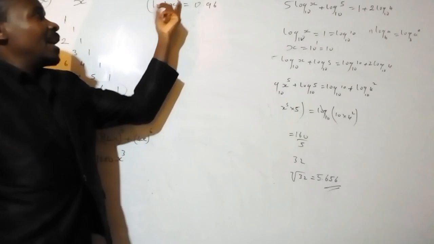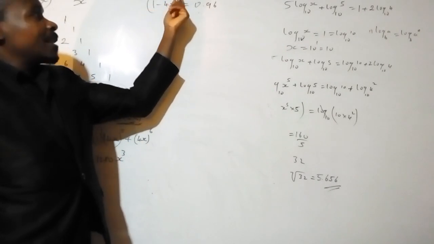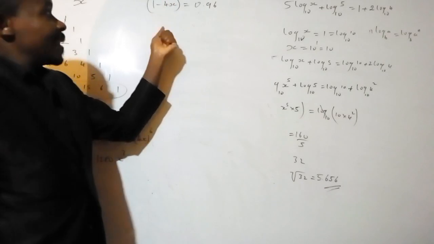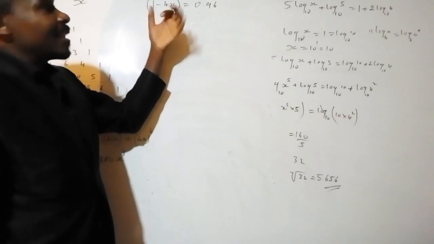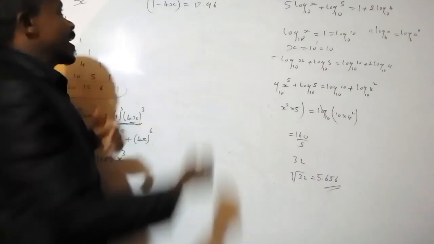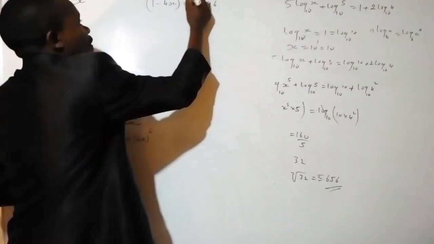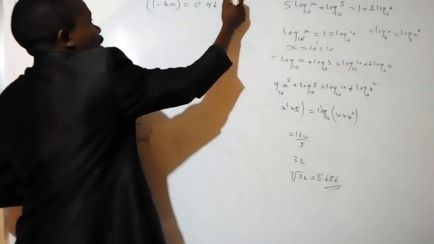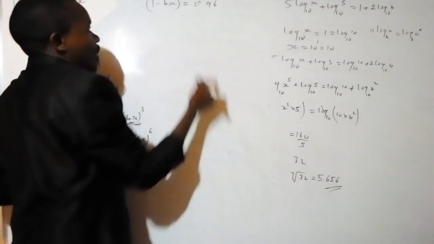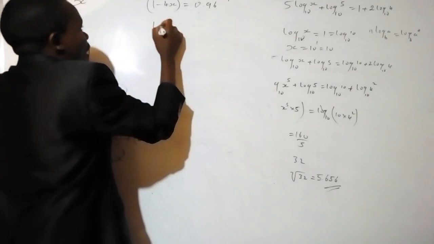What you are supposed to do, you get the sixth root on both sides. To get the sixth root, it means you multiply this power 6 with 1 over 6. You cancel out 6 by 1 over 6, and you'll be left with 1 minus 4x. Now you can comfortably open the bracket.